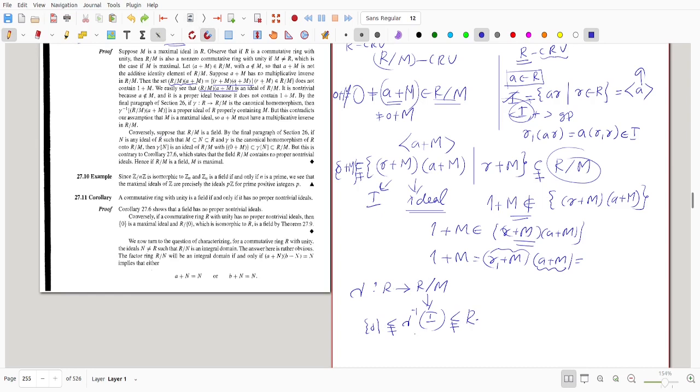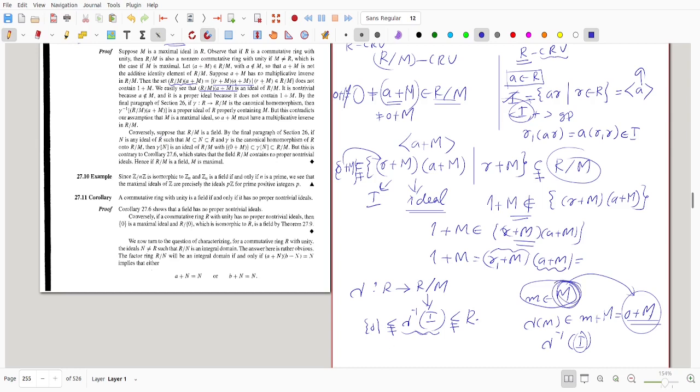And what is the other importance of this? We know that if we choose any m belonging to M, then gamma of m is nothing but m plus M, which is equal to 0 plus M. So every element of M is mapped to 0 plus M. Once you observe gamma inverse of I, we need to consider all the pre-images of elements of I. This I always contains the element 0 plus M. So we need to collect all the inverse images of 0 plus M, which are all the elements of M itself.